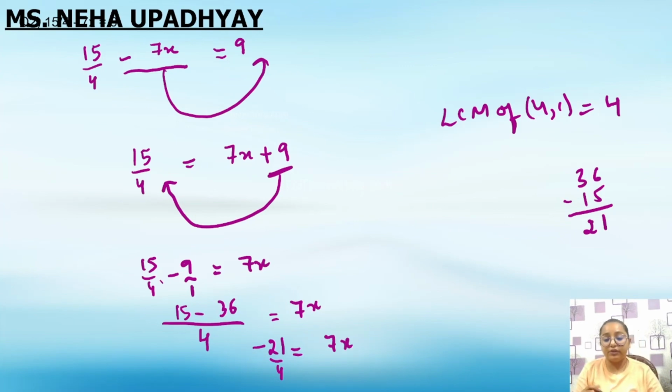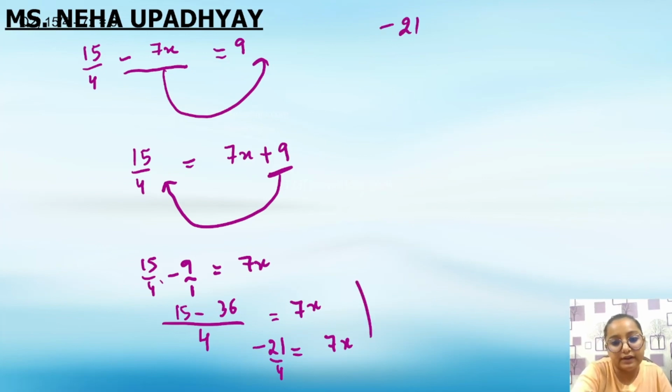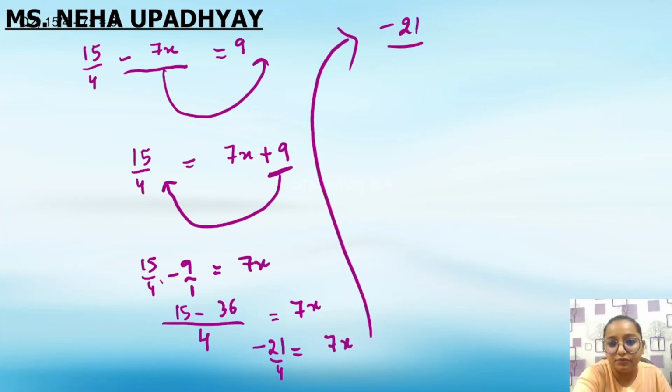Now what do we have to do? We have to make the coefficient of x as 1. So I'll write this equation over here: minus 21 by 4 equal to 7x. Now we have to make this coefficient 1, so we will divide both sides by 7. If we are dividing this side, we have to divide this side also.